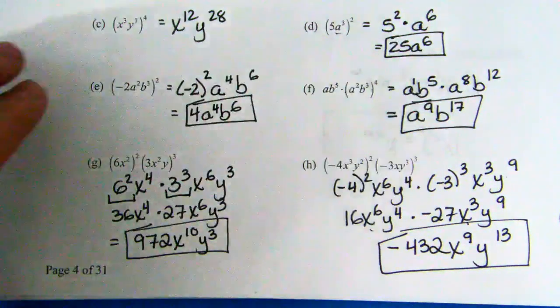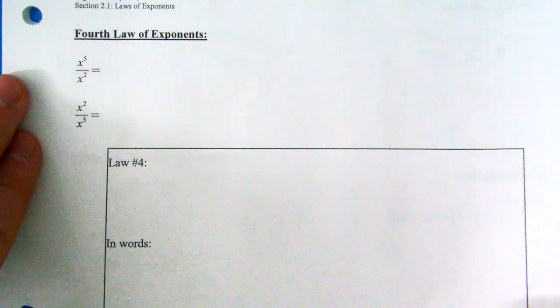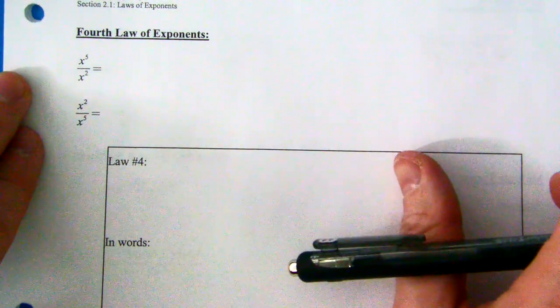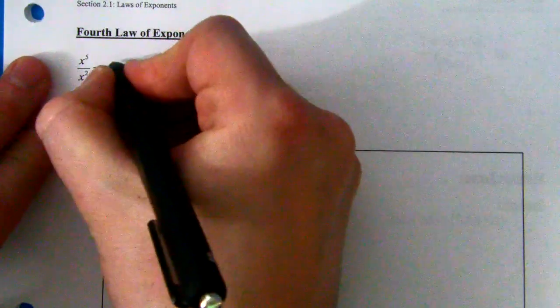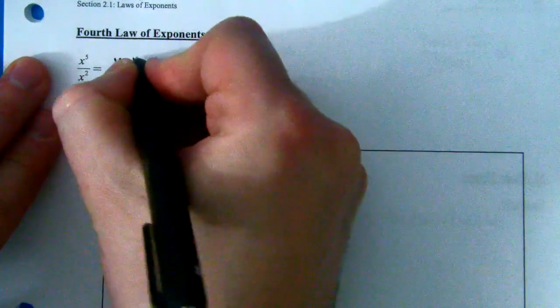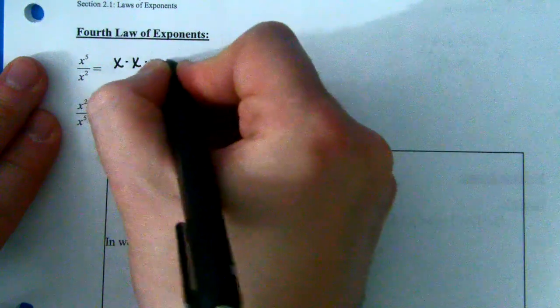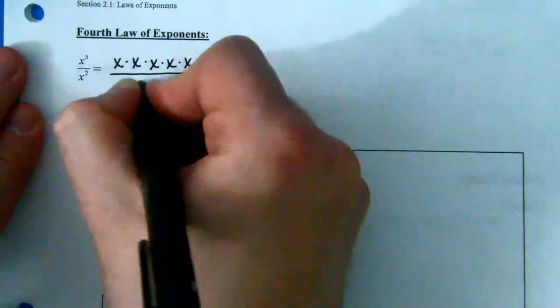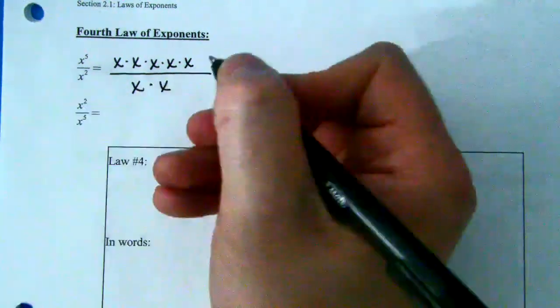Fourth law of exponents. If we have the division problem, x to the 5th divided by x squared, this means x times x times x times x times x over x times x.